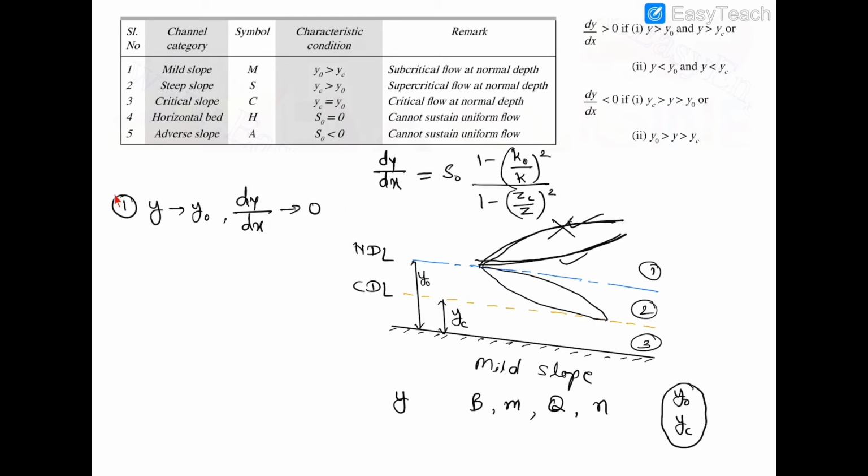From the condition, when the water surface profile approaches NDL, it should become parallel to NDL. So this one is correct and this one is wrong, because it is not making the slope nearly 0 degree. And this profile is tangential to NDL, meaning the slope is approximately equal to 0.